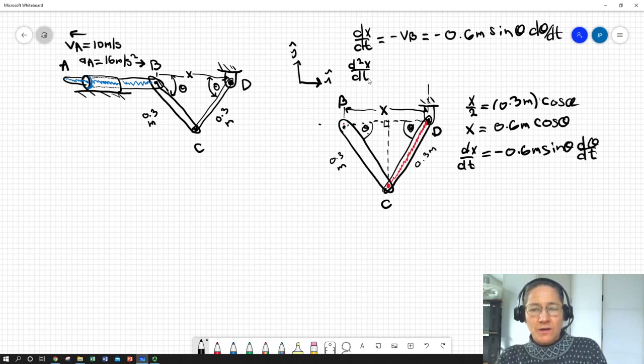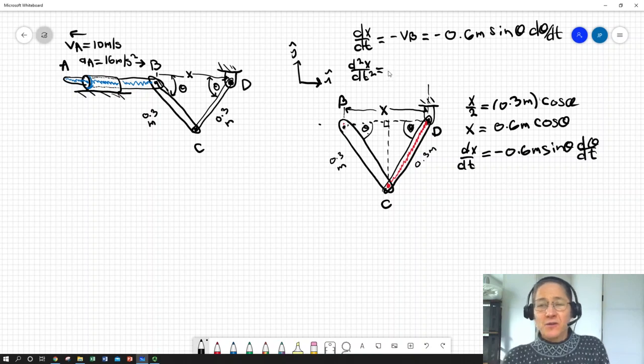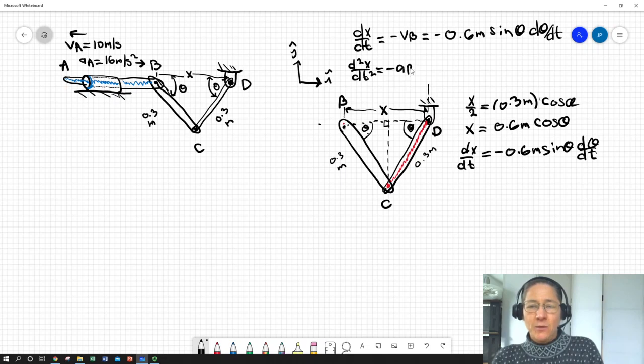So the second time derivative of this dimension x, how quickly it's the rate of shrinkage, is going to be equal to negative AB, which is going to be equal to the time derivative of this expression. So we're going to have to invoke the derivative of a product.